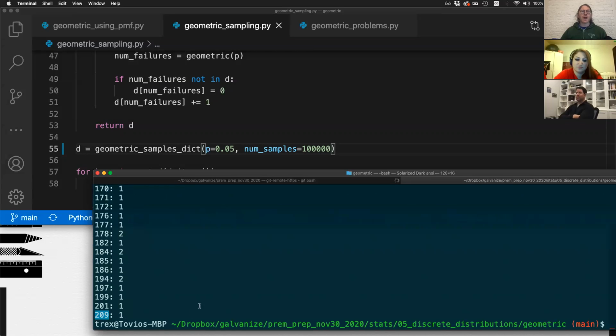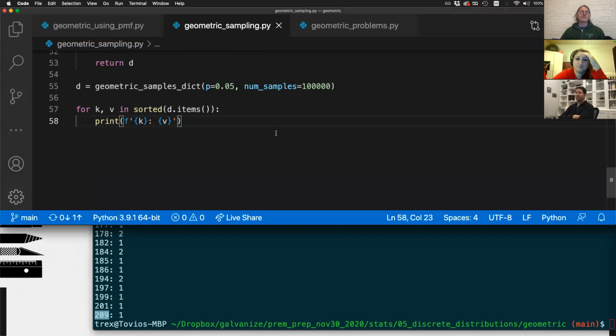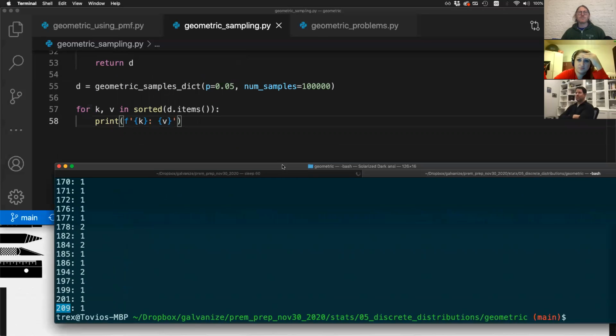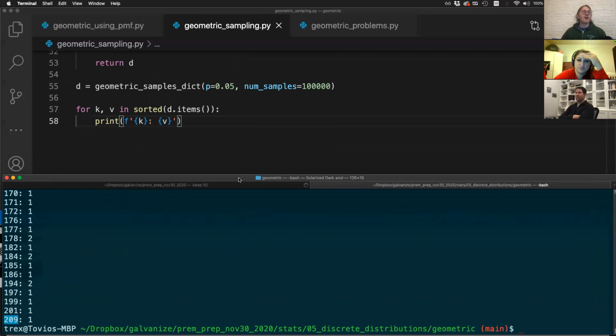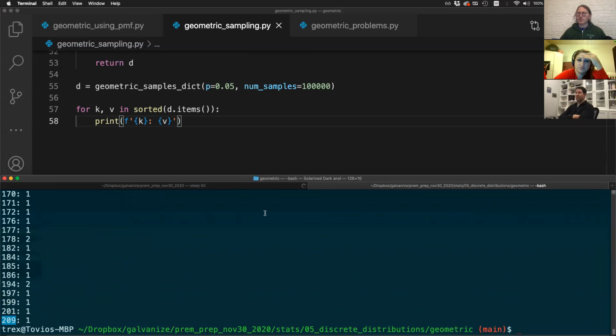Now we achieve 209. This may seem obvious, but it's just a further demonstration that if we want to observe something enough to be able to define theoretical probabilities reasonably well, the easiest way to do that is make more observations, keep observing it as much as we can.